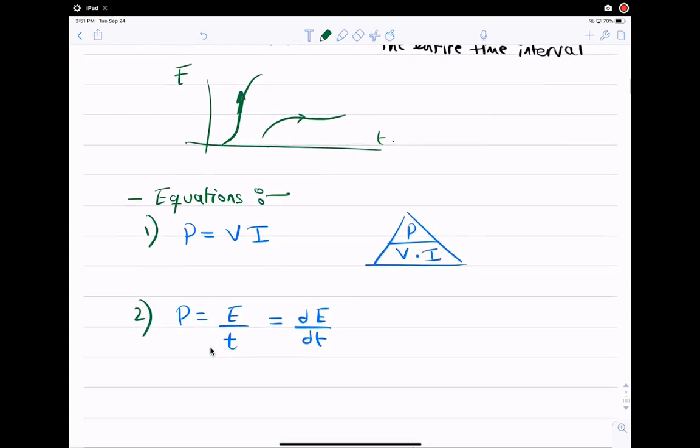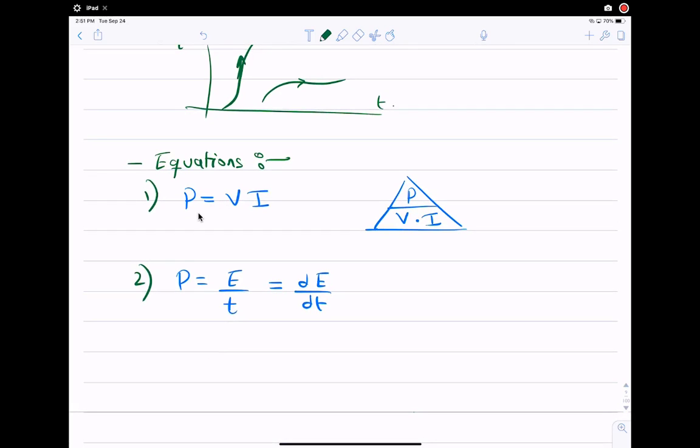Okay, now the equations. If we want to relate power to voltage and current, it's P equals V times I. Normally in houses the voltage is 120 volts, and each machine works on some amperes. Some machines, let's say, need 6 amperes, then power would be 120 times 6, which is 7,200, right?